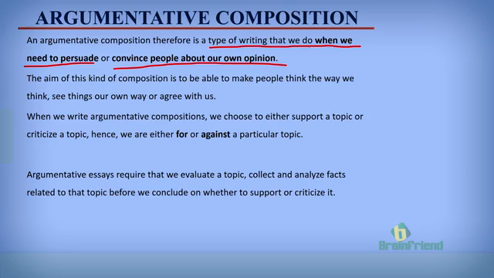So in essence, we are saying that an argumentative composition is a type of writing we do when we want to persuade or make our readers believe our opinions, because we believe that our opinions are correct. The aim of this kind of composition is to be able to make people think the way we think, see things our own way, or agree with us.